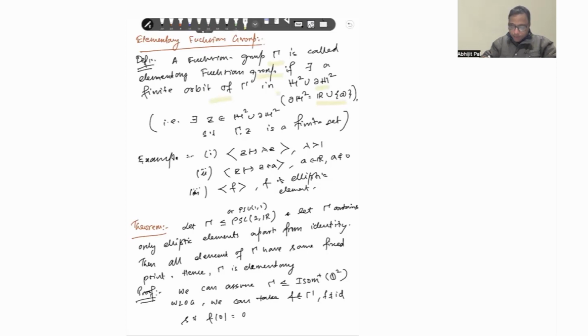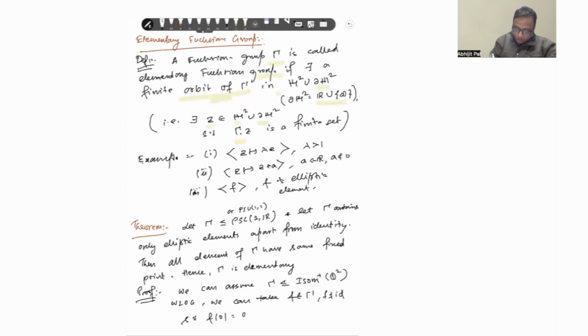Let me repeat the definition. A Fuchsian group is elementary if there exists a finite orbit of gamma in H2 union del H2. That is, there exists a point Z either in the upper half plane or in R union infinity, such that the orbit, gamma dot Z, is a finite set.